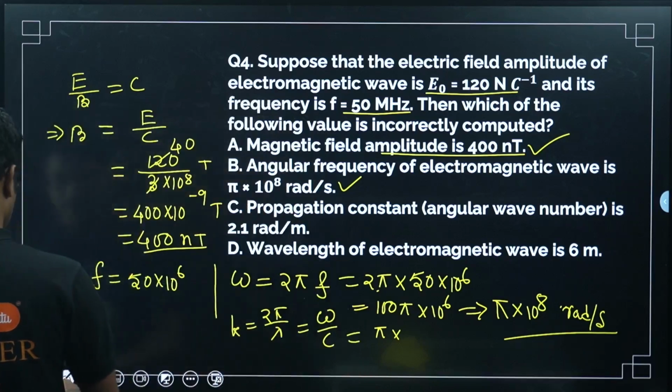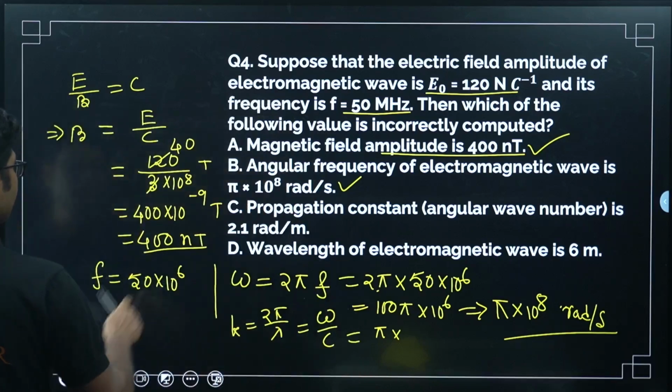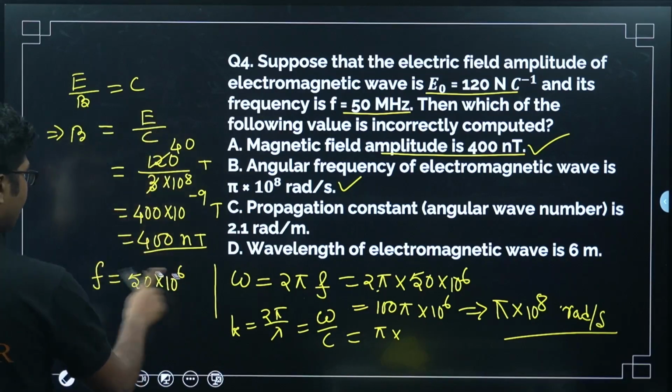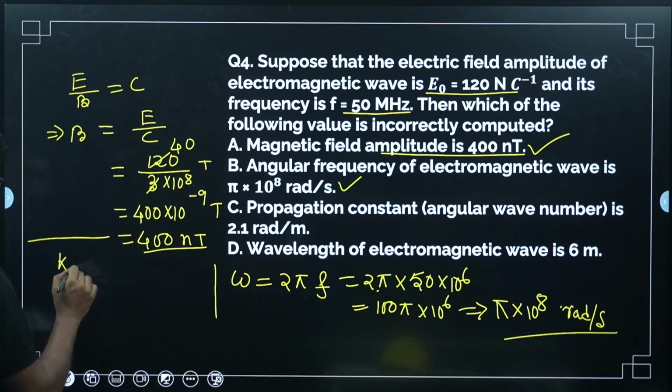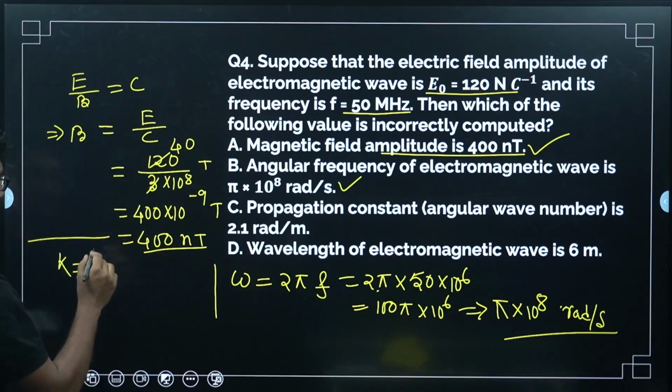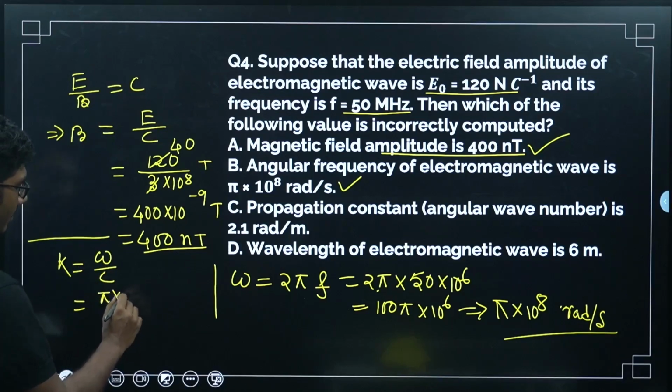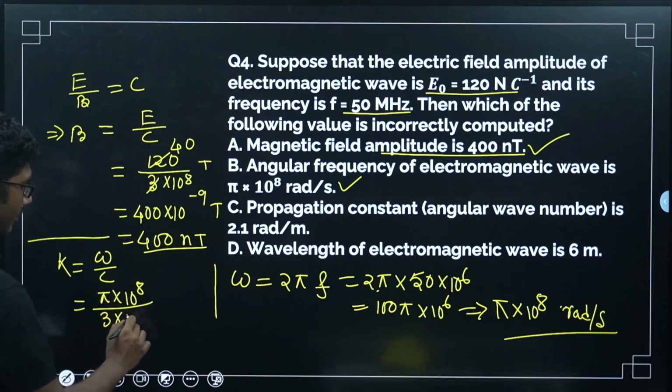So k is omega by c. Omega is pi times 10 to the power 8, which we have calculated, and c is 3 times 10 to the power of 8.